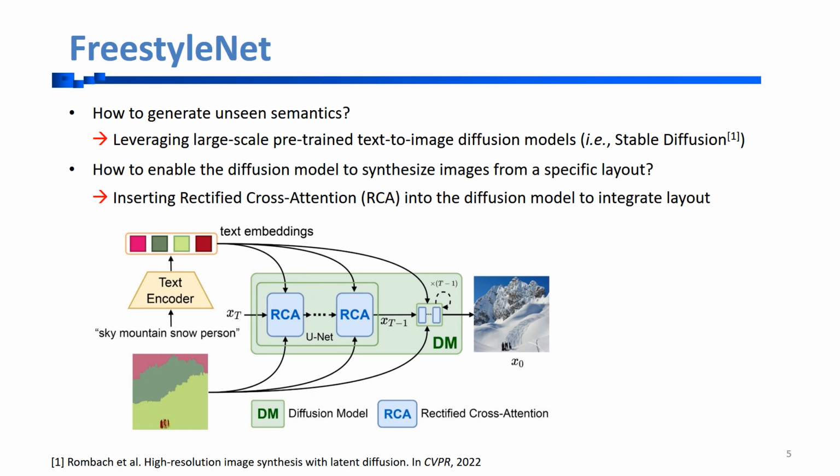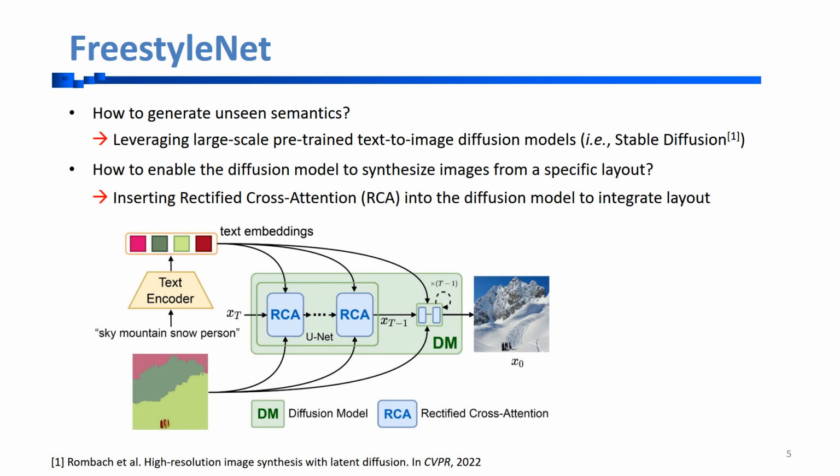Inspired by this, we opted to leverage large-scale pre-trained text-to-image diffusion models, the well-known Stable Diffusion in this work, to achieve the generation of unseen semantics. This raises the second question, how to enable the diffusion model to synthesize images from a specific layout. Our solution is to insert rectified cross-attention into Stable Diffusion to integrate layout.